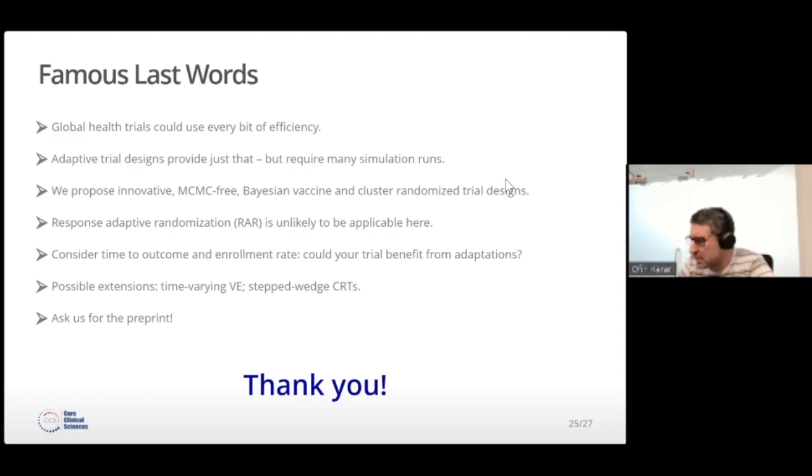As far as the cluster randomized trials, there is a pretty popular extension of those called the stepped wedge design, in which all clusters initially do not receive treatment, and as we go along over time, more and more clusters gradually start receiving the treatment.